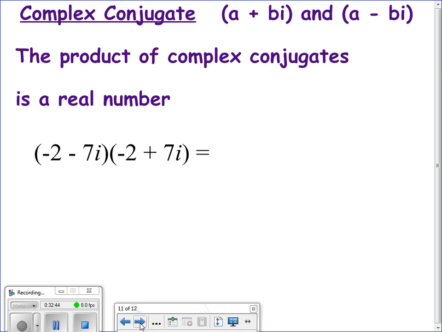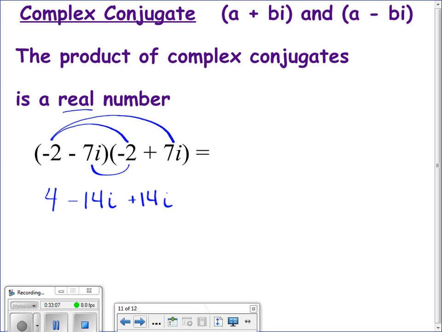So what's going to happen when I multiply these together? Will there be any i's left over? No, you're going to get a real number. So what's -2 times -2? -2 times 7i, -14i. -7i times -2, +14i. -7i times 7i, -49i squared.